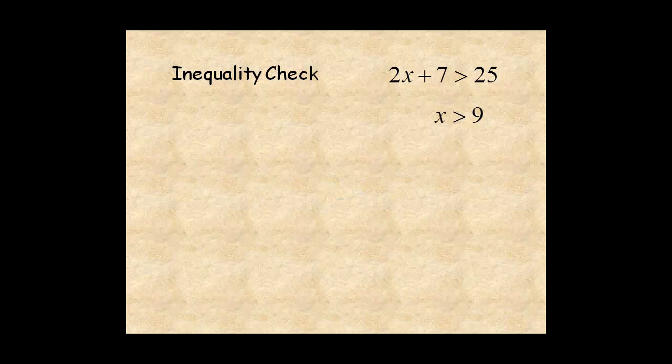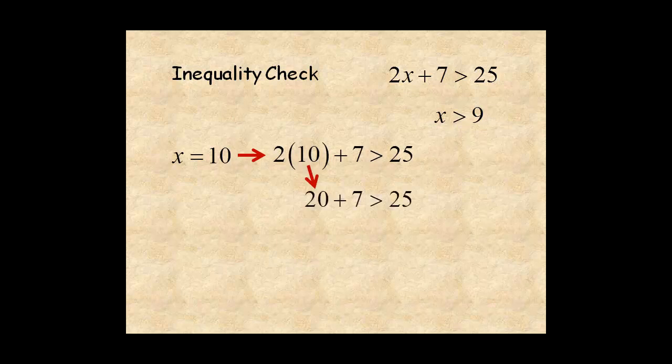The second check is an inequality check. Select any convenient value in the solution set, that is, any convenient value greater than 9, like 10. Then substitute x equals 10 into the inequality and simplify. 2 times 10 plus 7 is 20 plus 7, which is 27.